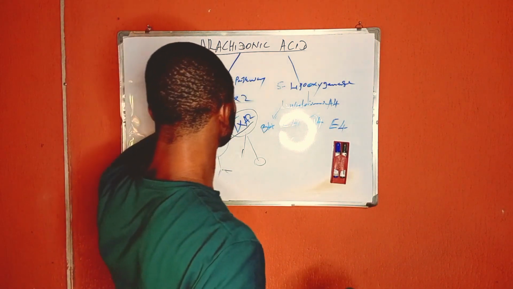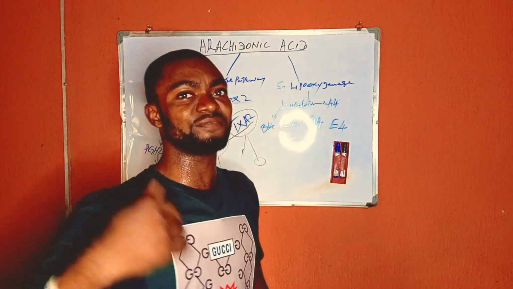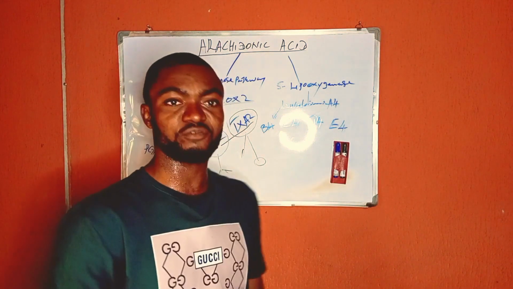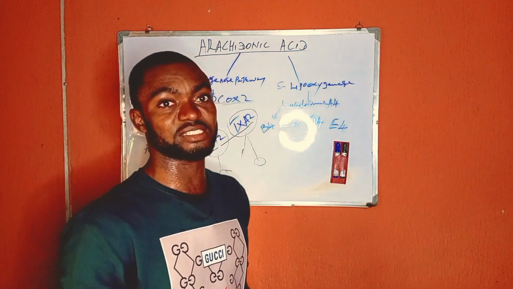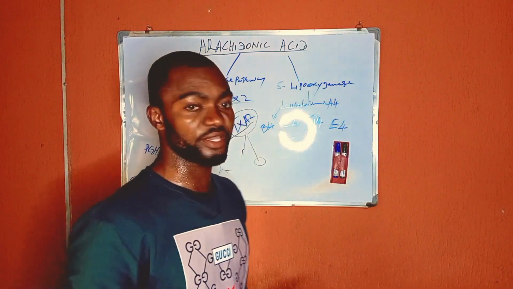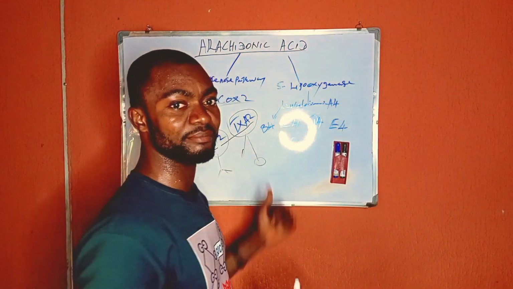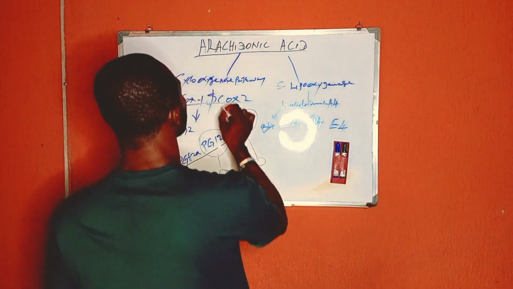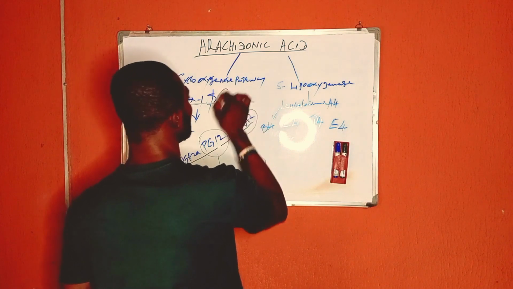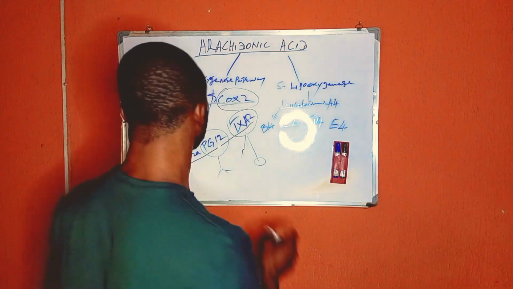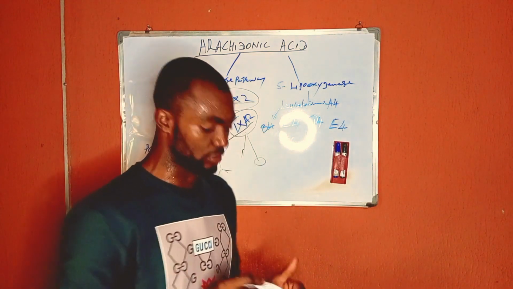But now the COX-2 enzymes are not just there. They are activated when something occurs in our body. Maybe we have an injury, or we suffer from thrombophlebitis, that is inflammation of the blood vessels, or edema, or when we have a feverish condition or pains, that is when cyclooxygenase 2, or COX-2, is activated. So that is why we need our NSAID or analgesic.